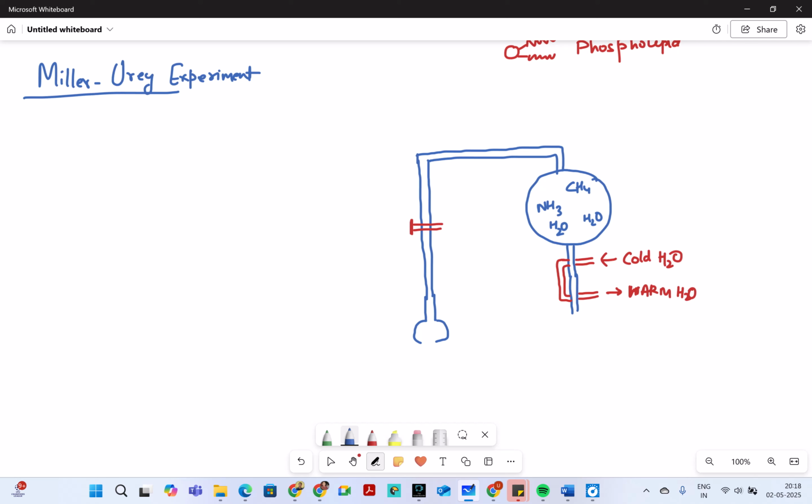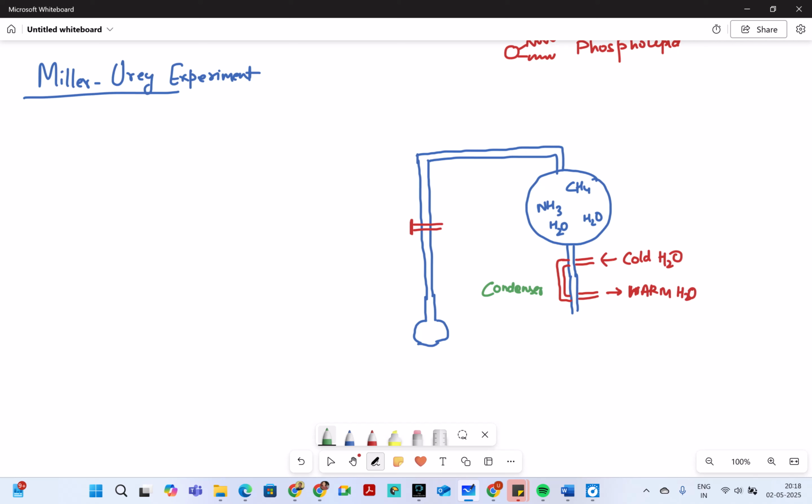Let me make it a circle. Yeah. Now this red, this is called condenser. I'm going to write here condenser. Let me go back.